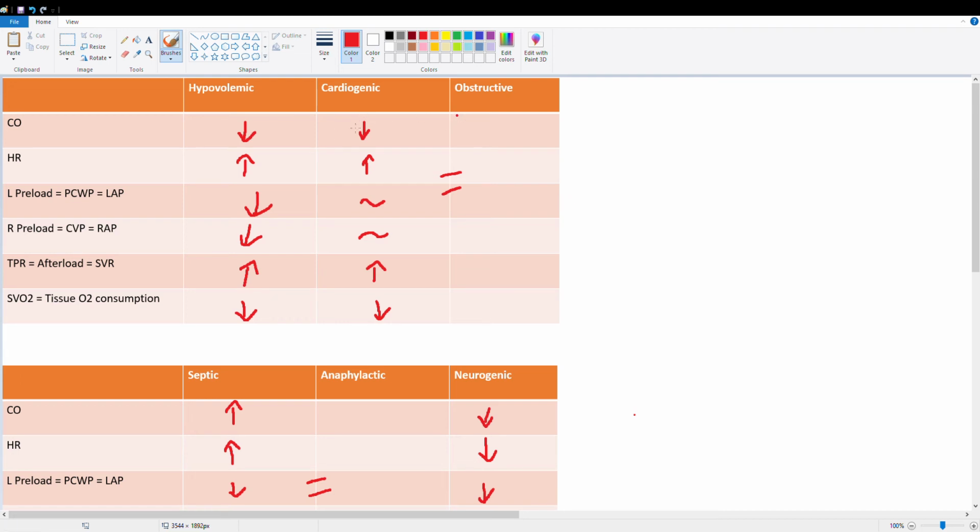Now, in terms of the parameters here, it's going to look very similar to cardiogenic shock. The only way we can tell the difference is by looking at the patient's profile, their risk factors, and their clinical picture. So we have obstruction either in the outflow of the heart or going from the right side of the heart to the left side.